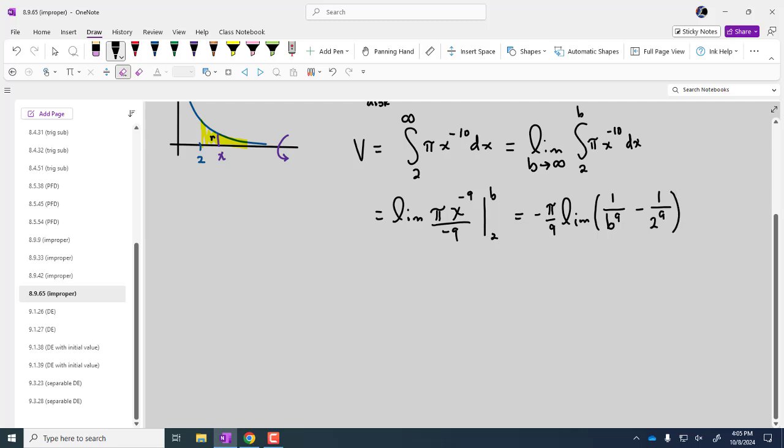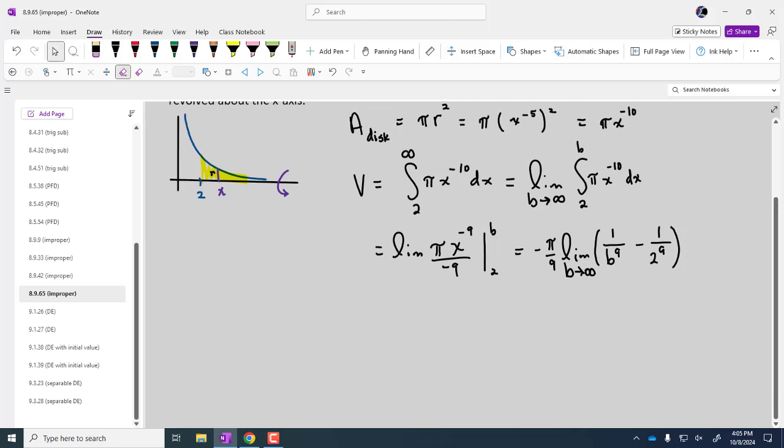And this limit is as b goes to infinity. So, what does 1 over b to the 9th go to? That's going to go to 0. So as b is going to infinity, this is going to go to 0.